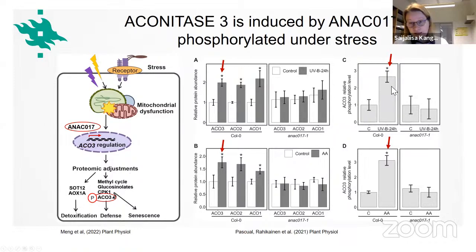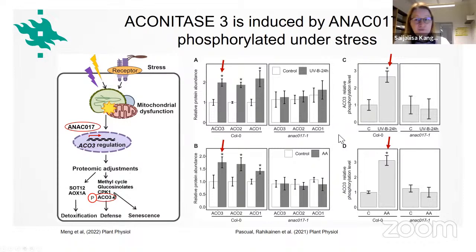And this phosphorylation level increases more than the protein abundance. So we developed some targeted mass spectrometry methods to reliably quantify this phosphorylation event against the total protein abundance, and it was clear that the phosphorylation is quite significantly increased in stress conditions.